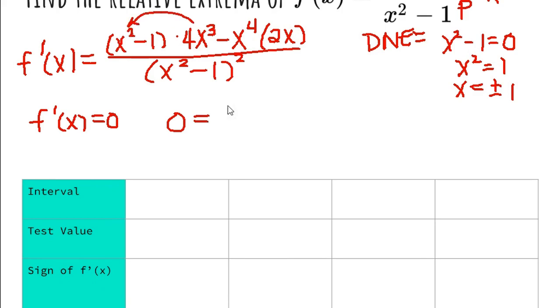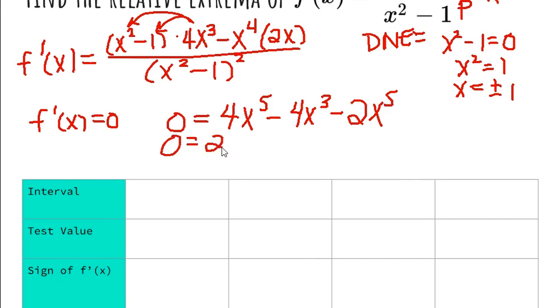I have 4x to the 5th, I add those exponents. And then I have minus 4x cubed minus 2x to the 5th because I add those exponents. So I have 0 equals 2x to the 5th minus 4x cubed.